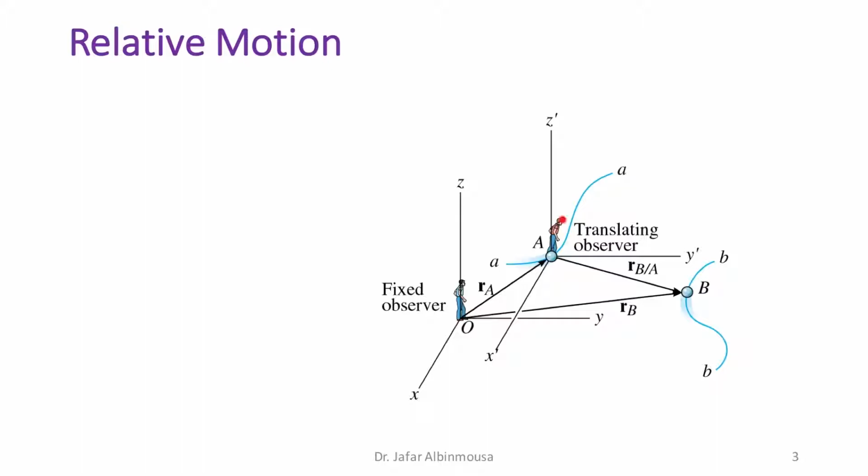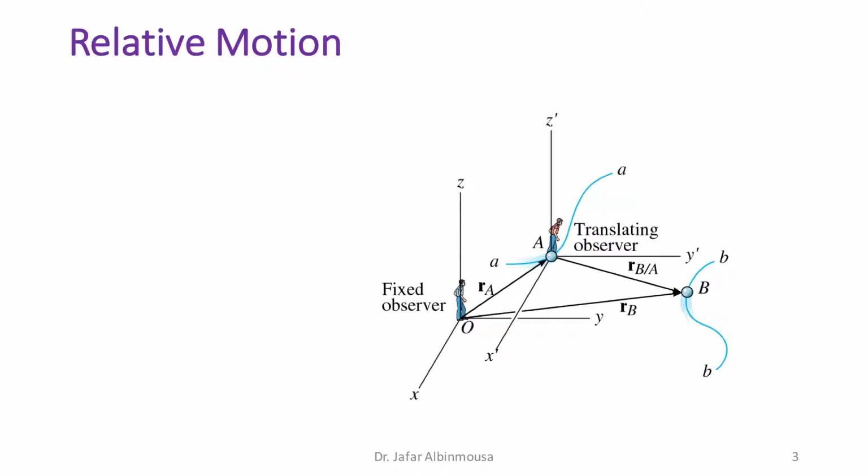However, if the person who is treated here as a particle, as we explained earlier in chapter 12, is moving along this path, and he wants to measure the velocity or the position or acceleration of particle B. Now, this person is moving, and this is why we call the coordinate system attached to him X bar, Y bar, Z bar. So it's a different coordinate system, and this is what we call translating observer because he is translating.